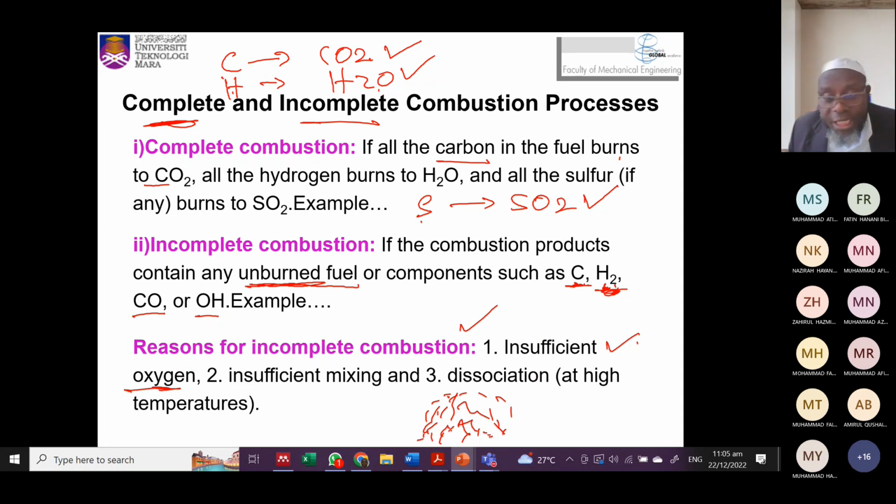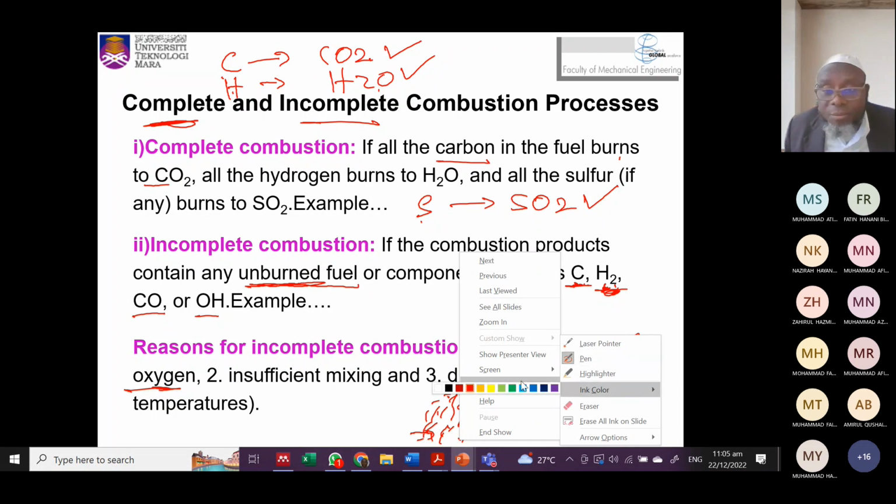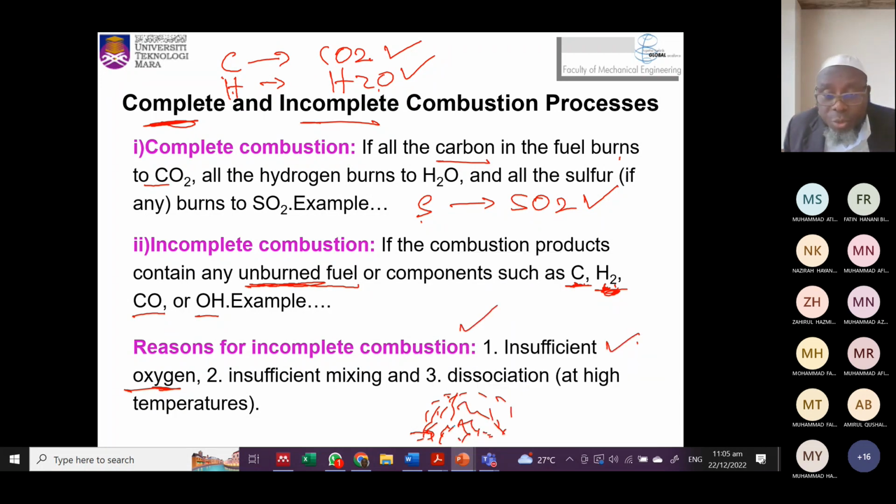What do you observe? Initially, if you put the flame inside, there will be some white smoke coming out from the pile of rubbish.